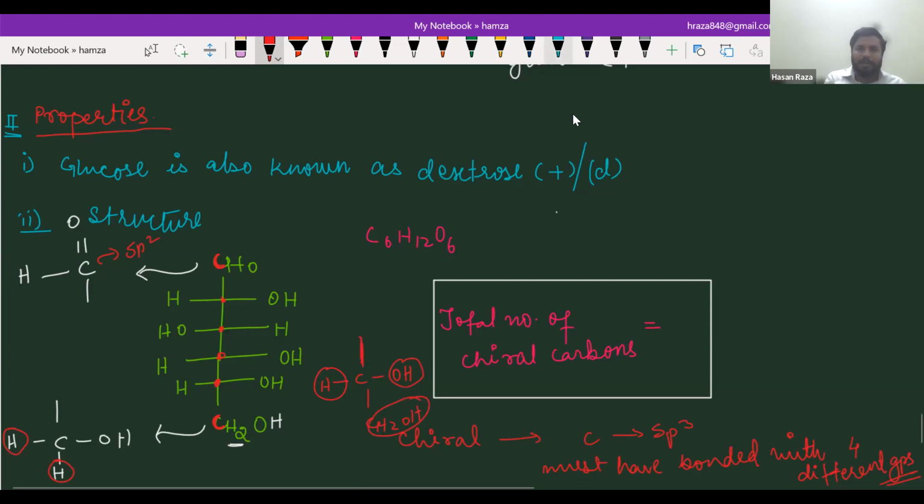That means this is a chiral carbon. Also, this is OH, this is H, and the whole below part is different than the above part. This is also chiral. This is also chiral. This is also chiral. So the number of chiral carbons present in this structure of glucose is 4.